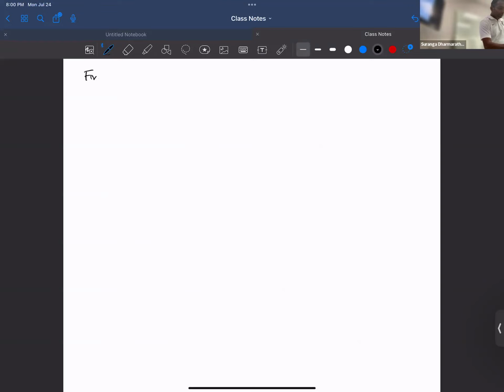Find dy over dx of this expression, y over x plus x over y equals 2y. This is problem number 17.